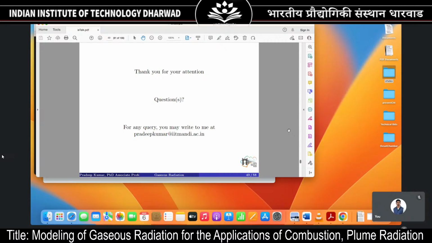Till now I have only concentrated on the radiation properties of gases. So for tissues, skin, and all those things, I need to check their properties. Although these equations are very well applicable, we need to be careful about whether the properties are available or not.